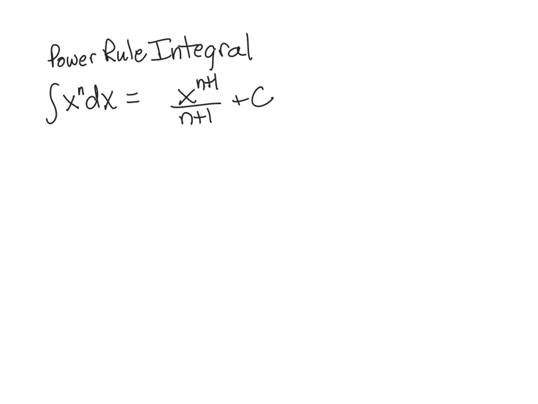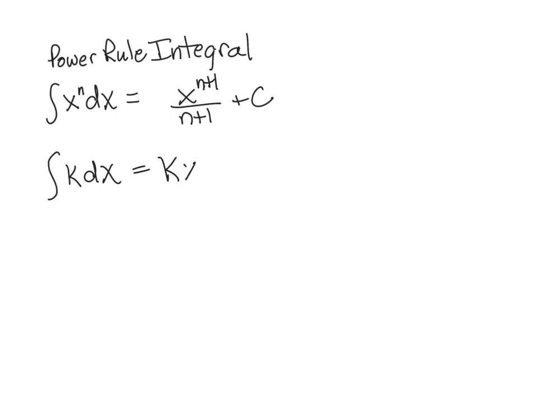Now, what if we were integrating just some constant? We'll call it k. If all you have is a constant, remember that there's an x to the 0 right there. x to the 0 equals 1. So you're integrating k times x to the 0 power. When we do this integral, the k is there.